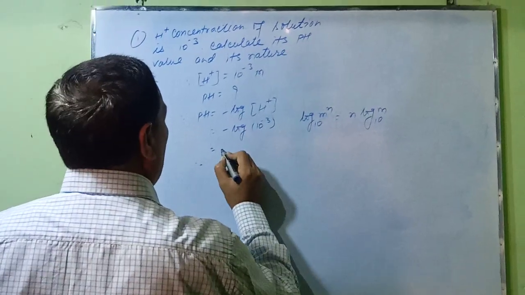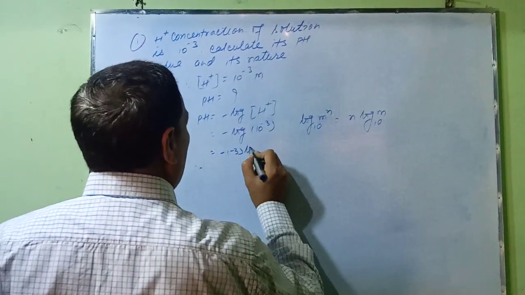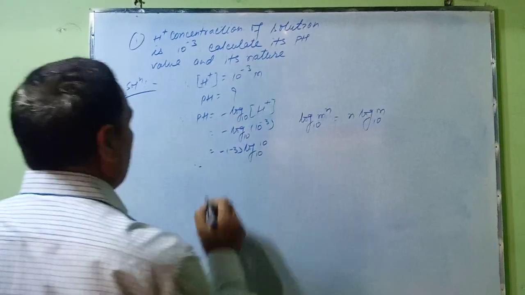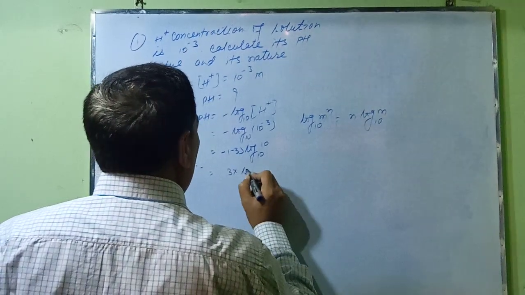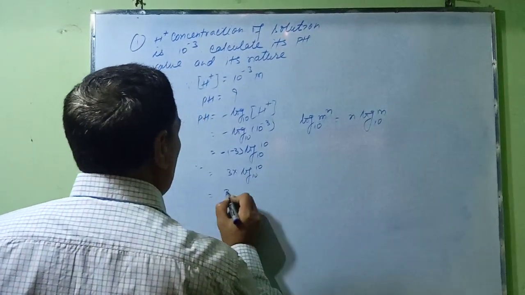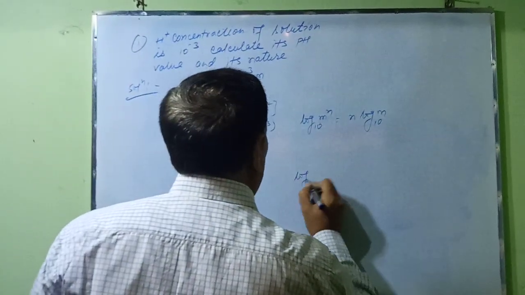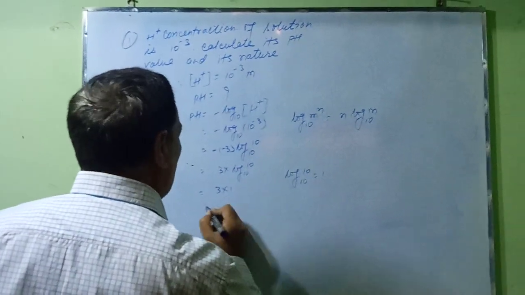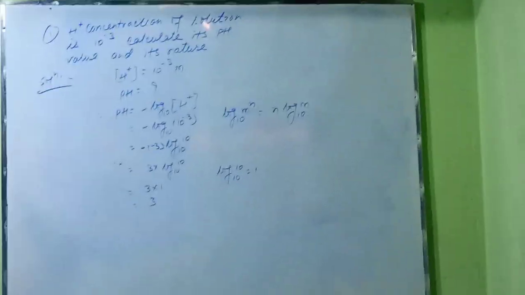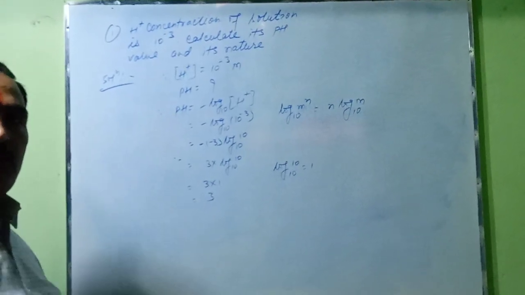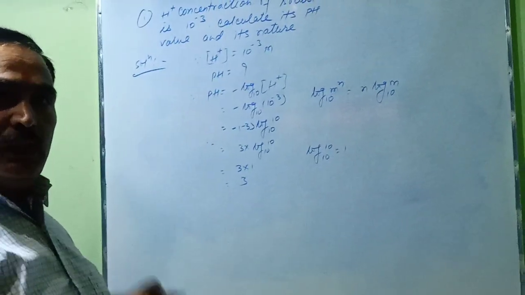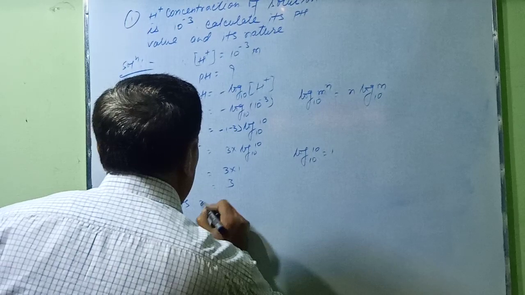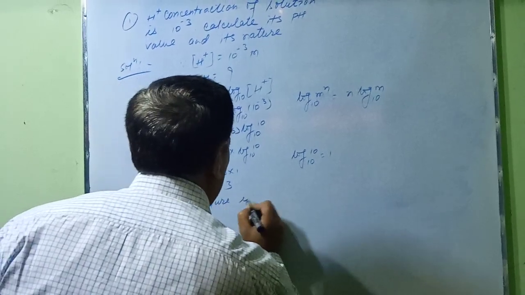So minus minus 3 log 10 base 10, that is 3 log 10 base 10. We know log 10 base 10 is equal to 1. So putting this value 1, we get 3. So the pH value of this solution is 3, less than 7. So its nature is acidic.